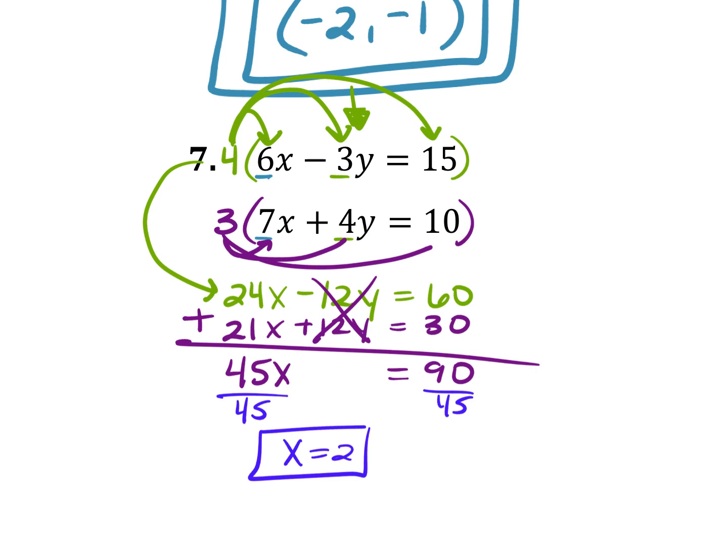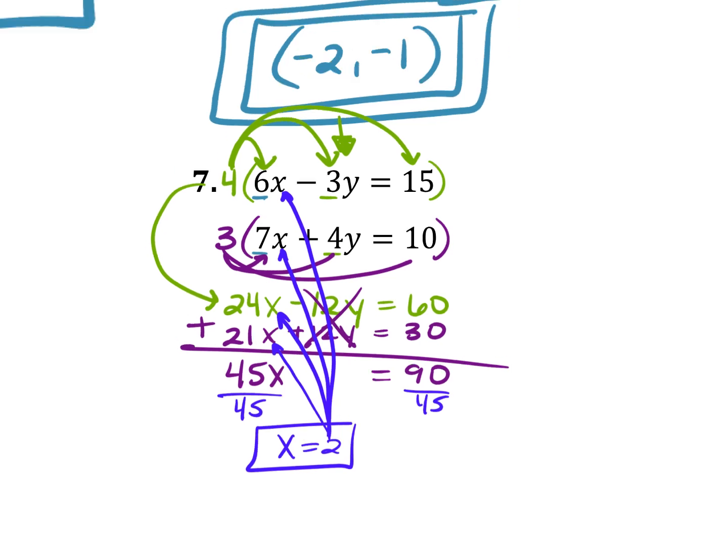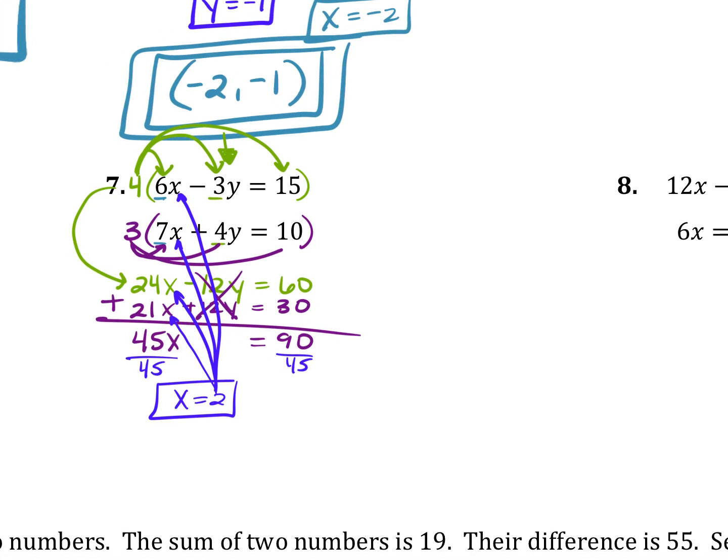Once you know x is 2, you can plug it in here, or here, or here, or here. I'm just going to plug it into that top one. So 6 times 2 minus 3 times y equals 15.